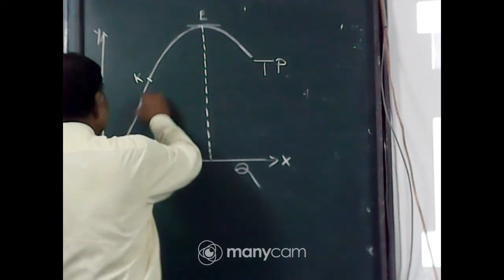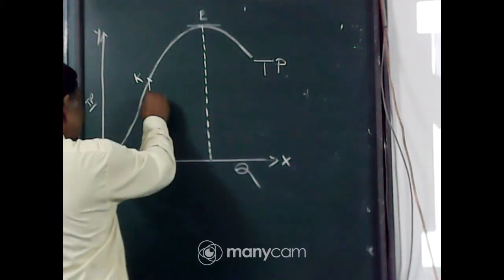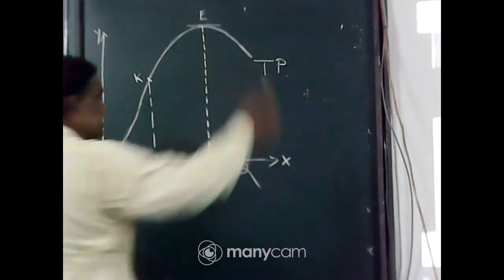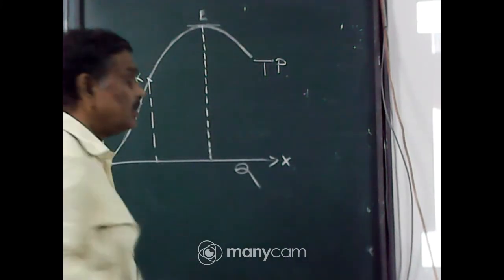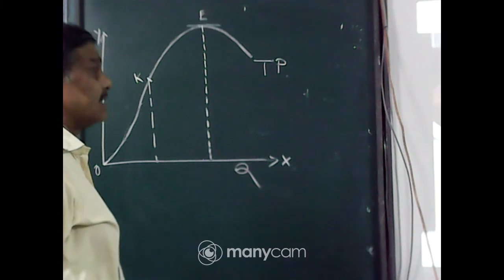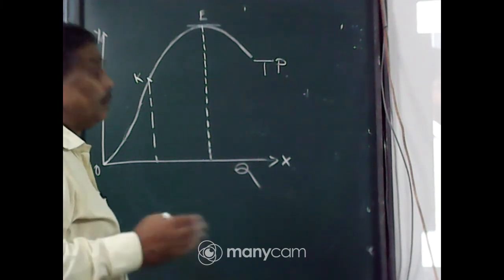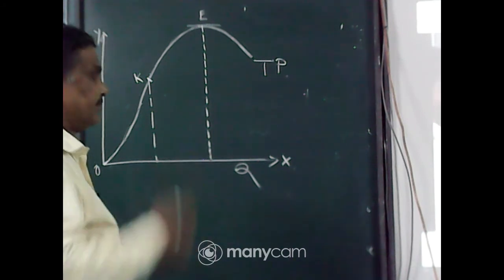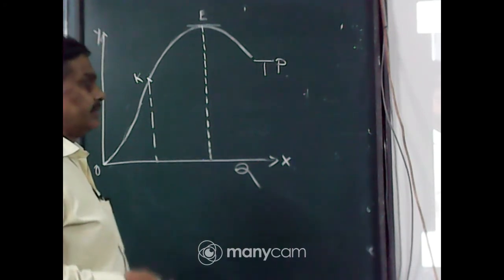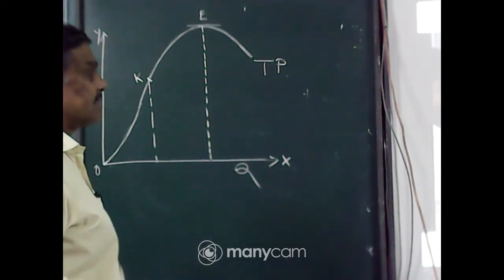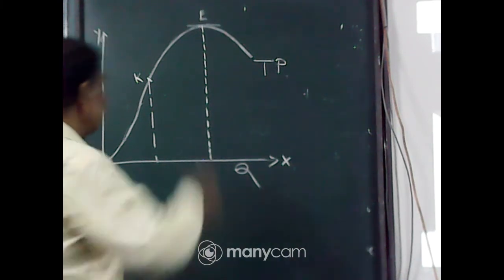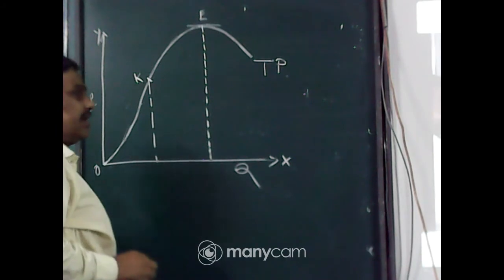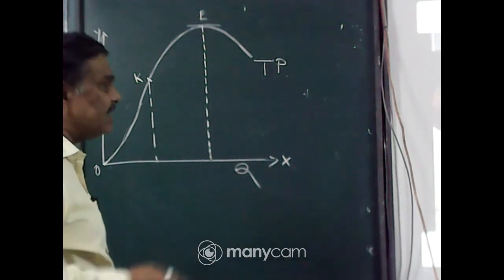So, here fixed factor is fixed. In the first phase, you are producing this amount at increasing rate, then it is decreasing because the capacity of the fixed factor declines. Even if you are increasing the variable factor, suppose labor, you are increasing labor, but working on the same fixed factor. So, it will increase, but not at the increasing rate, at the diminishing rate.